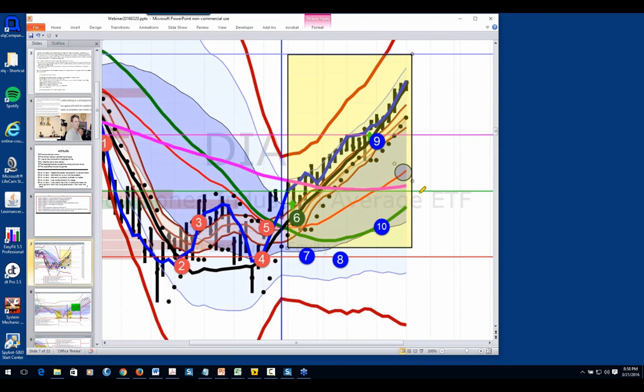So if this is my risk box here from the green line to the red line, then my 1R line is this purple line. So here at position number 9 is where I no longer use the Z2 line in this idea. So where could I put my stop?